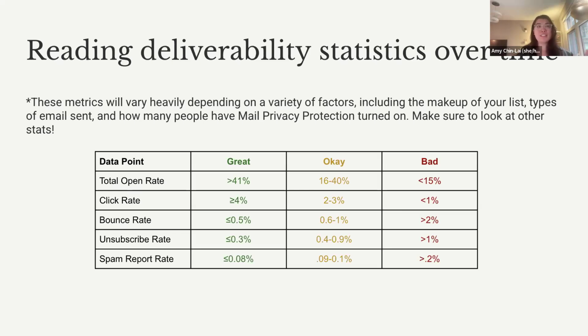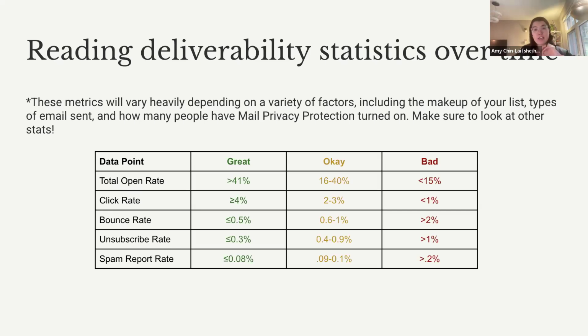But again, all relative. And I think what is especially interesting about the open rate is how it has changed. Like Kyle said, in 2022 or 3, when Apple Mail Privacy came out and Gmail started prefetching images, you probably saw your open rates go way up and completely skyrocket.